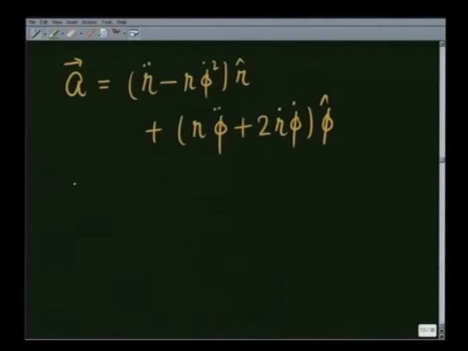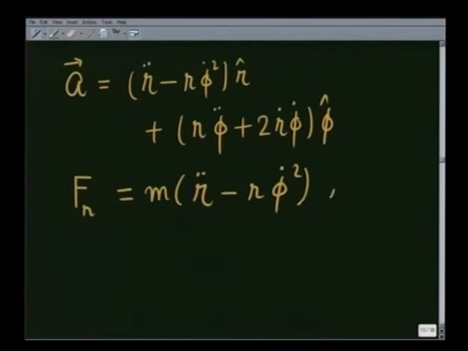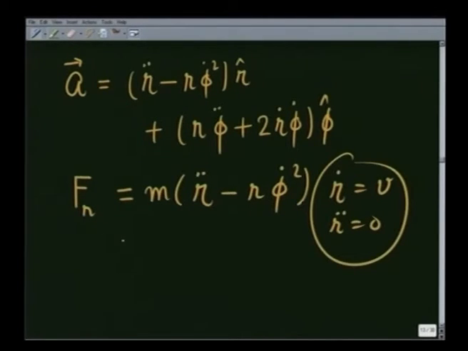The force that I am pulling it in with is in the radial direction, therefore F r is equal to m times r double dot minus r phi dot square, and since it is being pulled in with constant speed, r dot is equal to minus v and r double dot is equal to 0. I have F r equal to minus m r phi dot square.